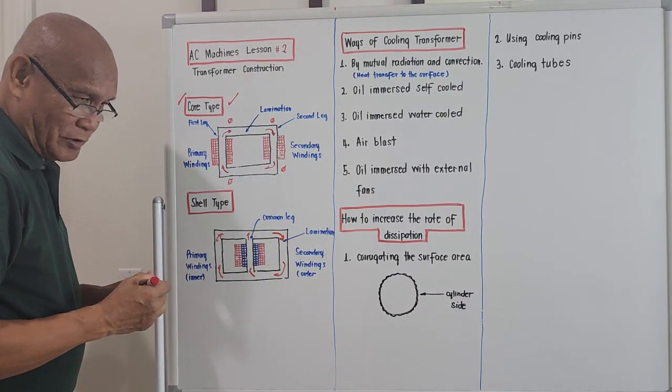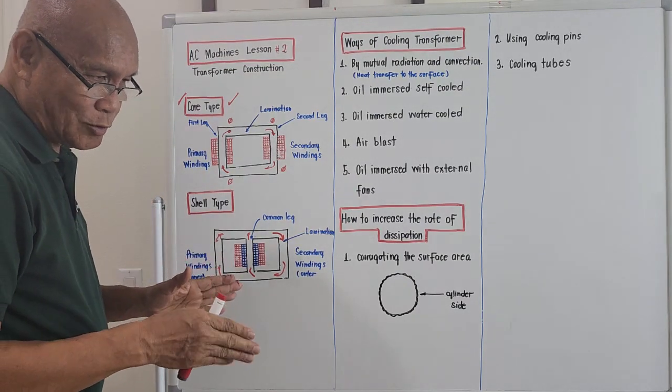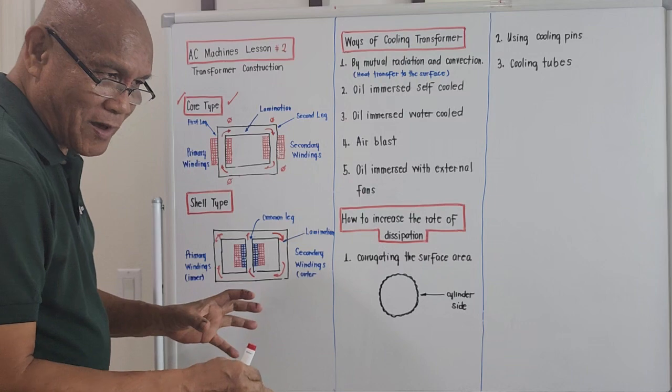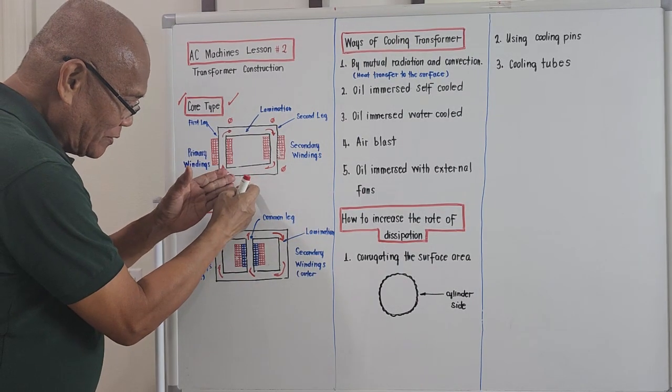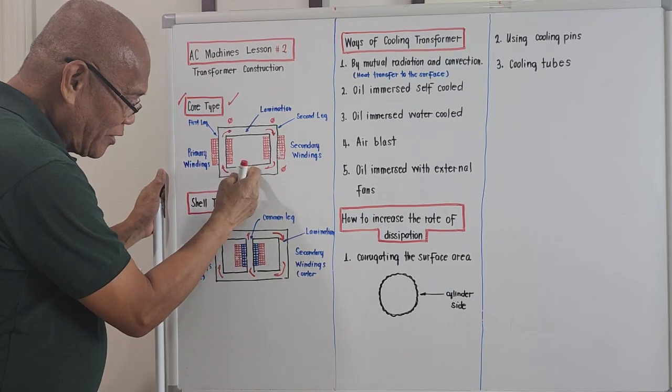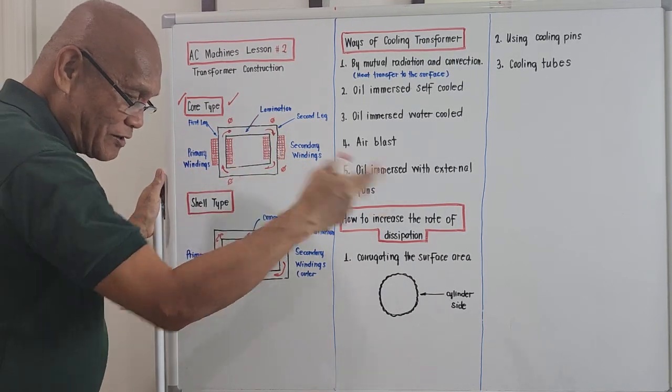The use of the lamination is actually the pathway for the magnetic flux, or the magnetic field.